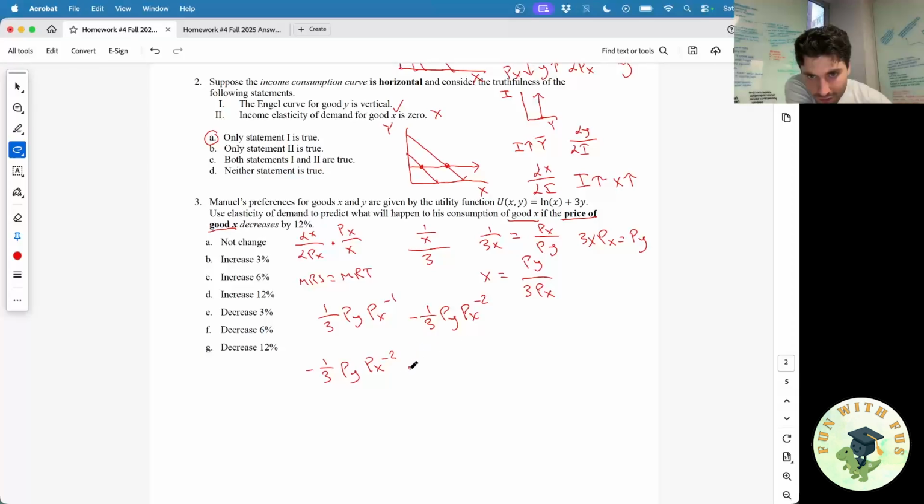And then we're multiplying it by the price of x over x, where x was the py divided by 3px. And I believe what this will get us is hopefully some canceling out, but I'm not entirely confident in that. So if I were to divide this thing, then I would be multiplying by the reciprocal.